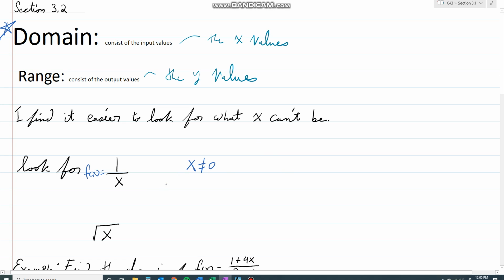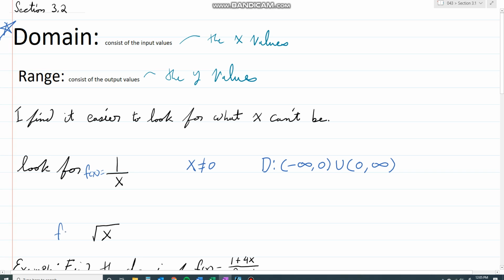So the domain for 1 over x could be written as from negative infinity to 0, not including 0, unioned with 0 to positive infinity. Okay, so x cannot be 0. We can't divide by 0, and that's going to come up a lot.